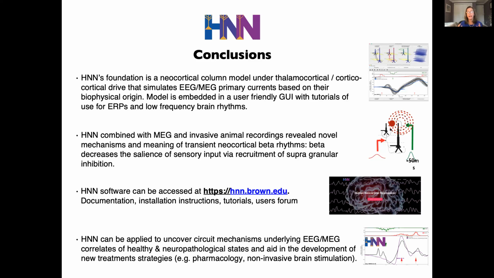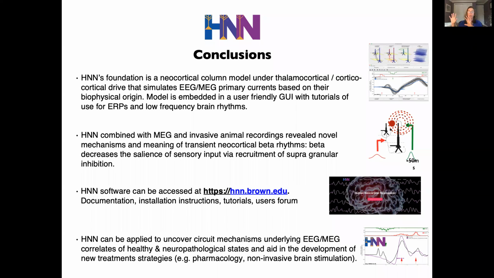What HNN is actually simulating is not the sensor data. We assume that you've already done your source localization. What you're giving to the HNN software is not the EEG or MEG sensor array information. You're giving to the software these source localized current dipole signals.